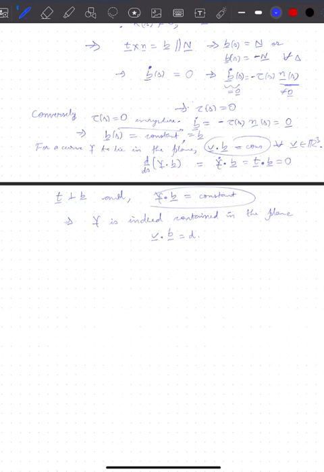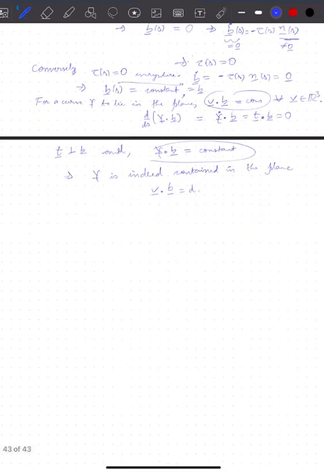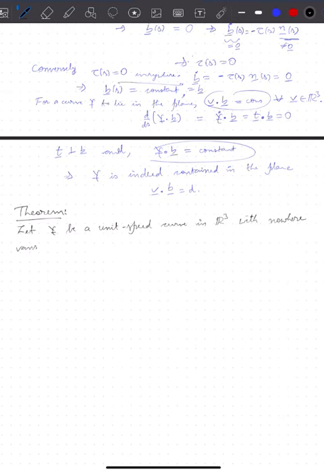Okay, so what we had discussed yesterday can be put in terms of a theorem. It says: let gamma vector be a unit speed curve in R3 with nowhere vanishing curvature.